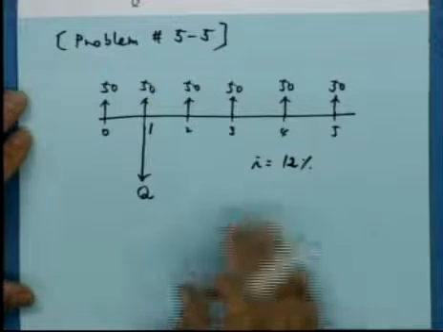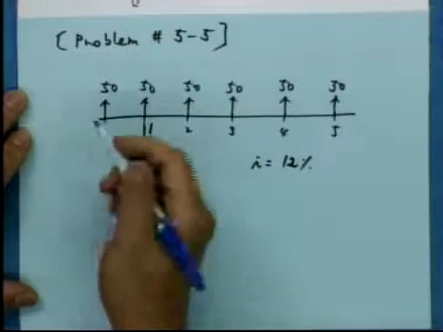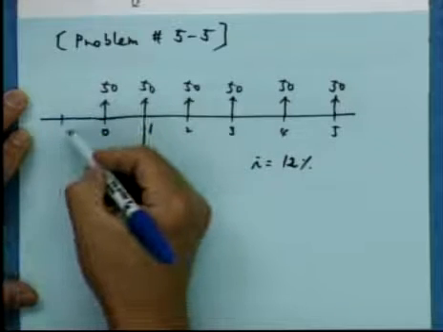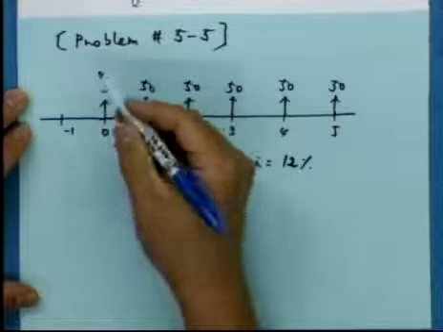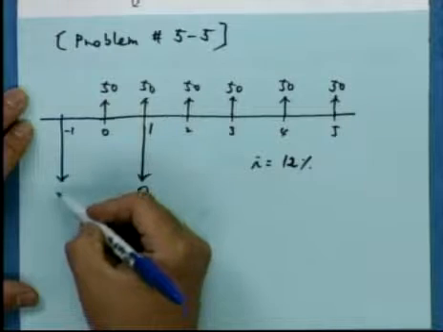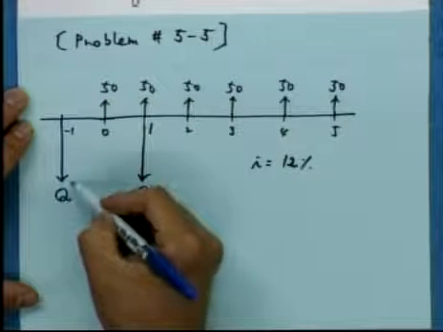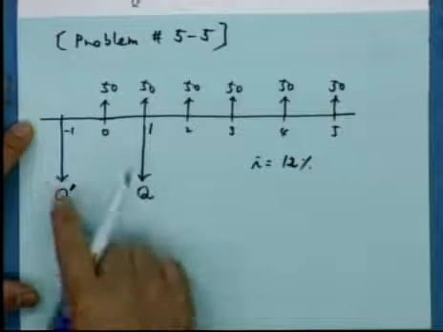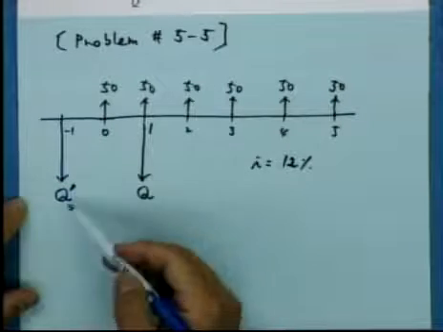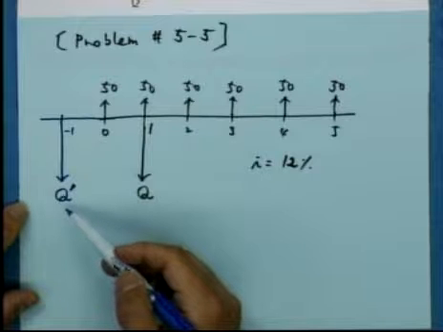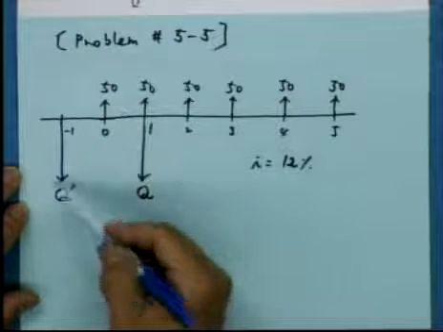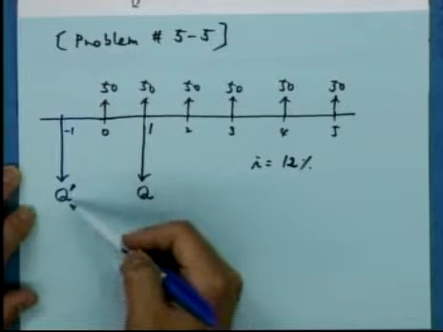So if the value of Q occurs 2 periods earlier, so that, let's say, in period -1, at the end of -1, we have Q. So let's call this Q prime at the end of period -1. Then, in this case, we can use the uniform series present worth formula, right, to compute the Q prime value, right?